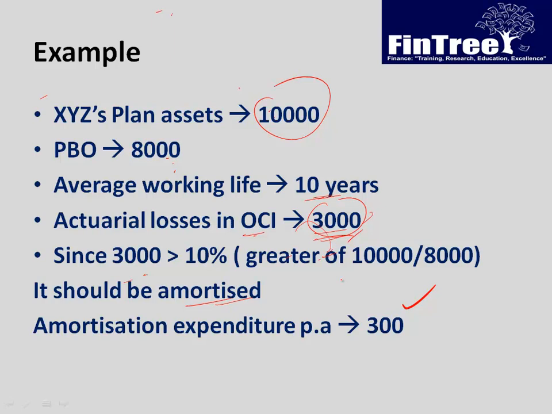So you keep on amortizing it, and you stop at a level where you've reached 10%. Till the time you don't reach it, you keep on amortizing. Which makes sense, that you stop at a level where it has come to 1,000. Are we okay?